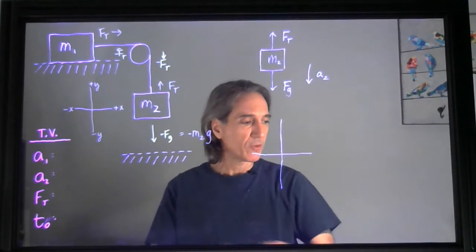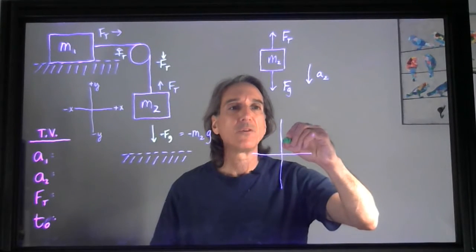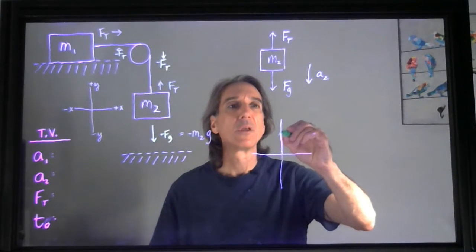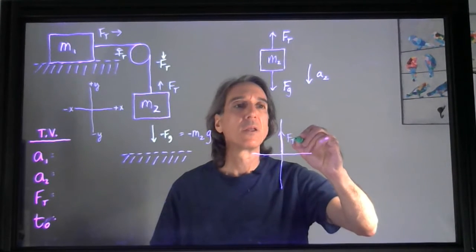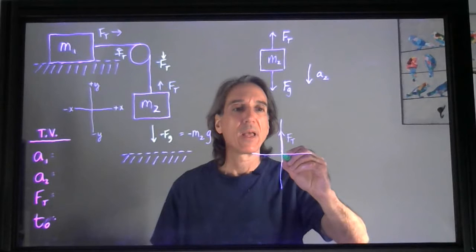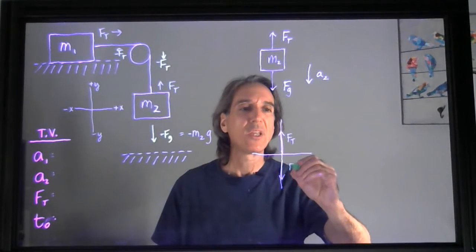Maybe let's use a different color. So what we have here is F sub t and F sub g in a different direction.